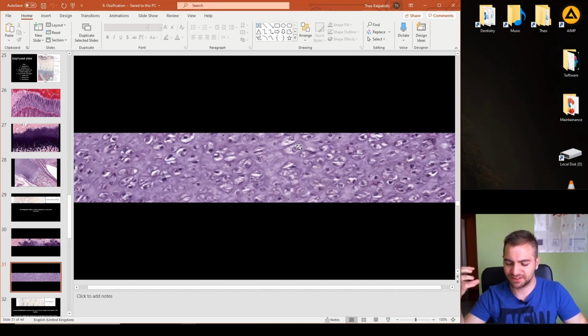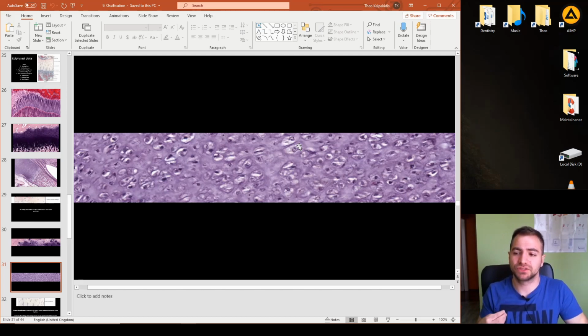Just a fast reminder, the reason why we see these empty spaces is because glycogen was present before the sectioning, before the tissue preparation. Whenever we have a low amount of diffusion or vascular supply within a tissue, the cell is going to try its best to stay alive.